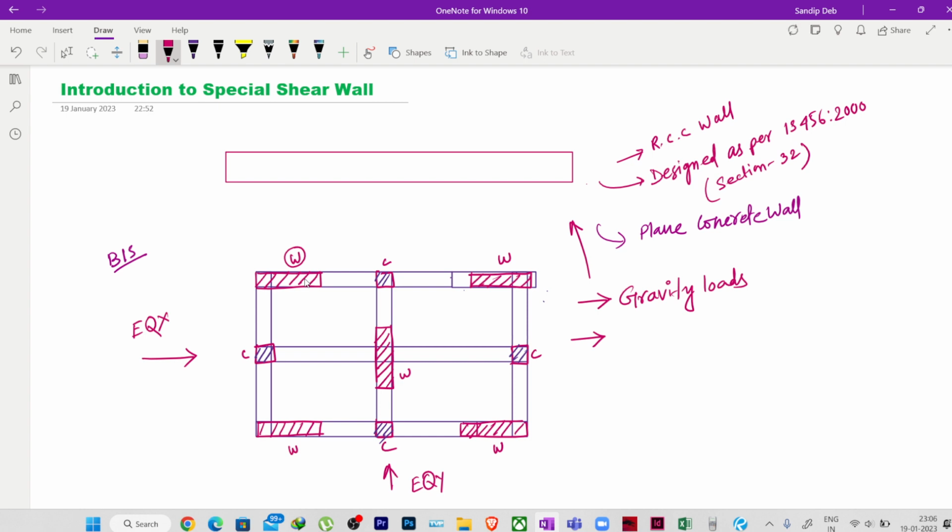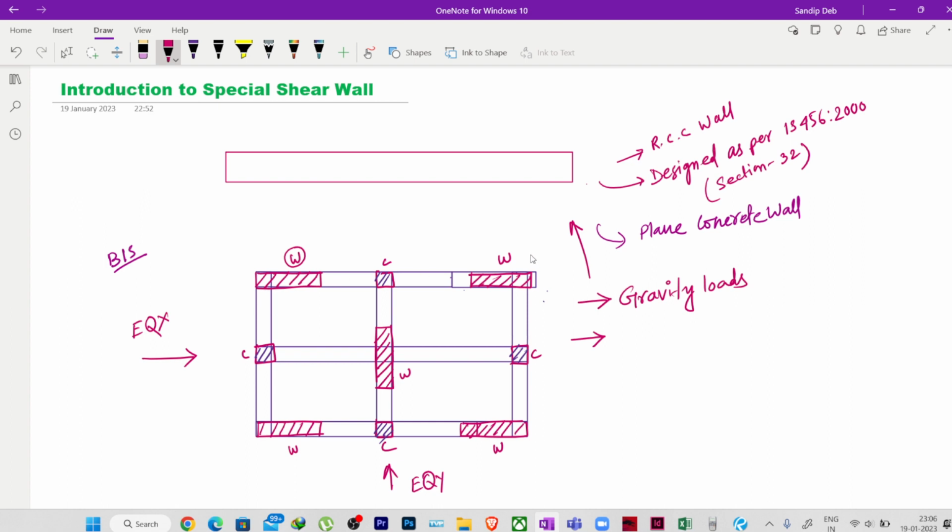These walls are not only for infill, not only for the purpose of taking the gravity loads, but they should resist the lateral forces also. That means these walls are the lateral load resisting elements.